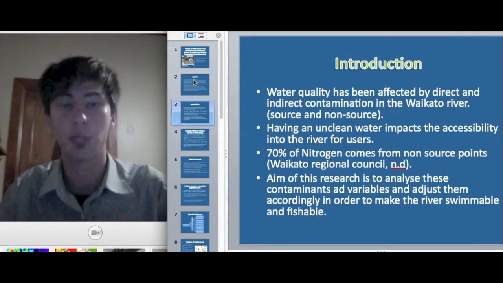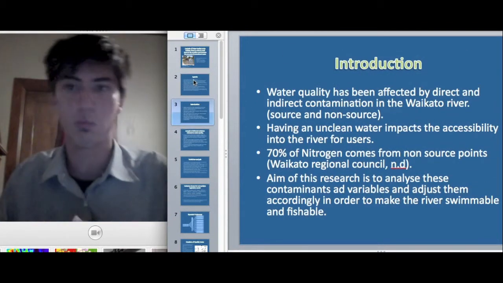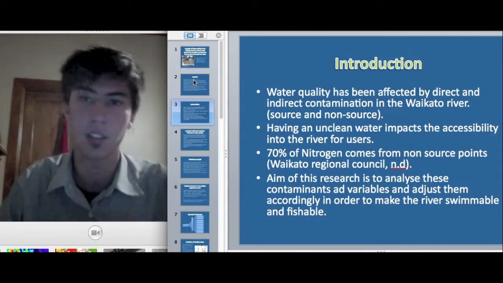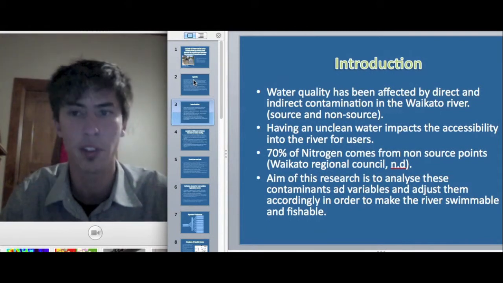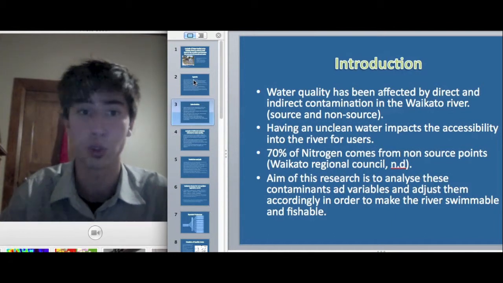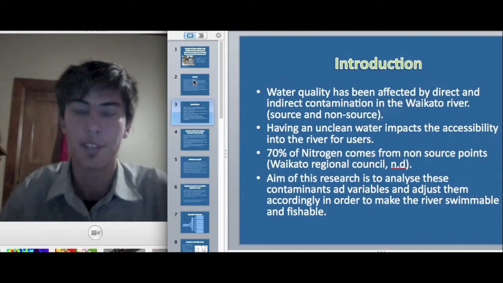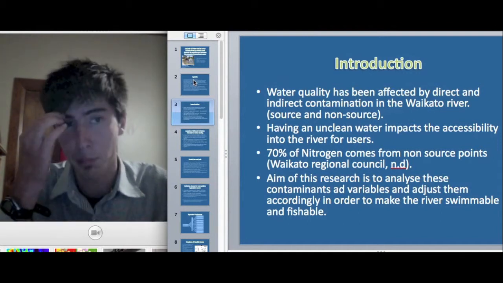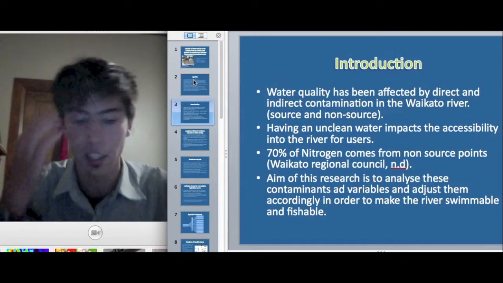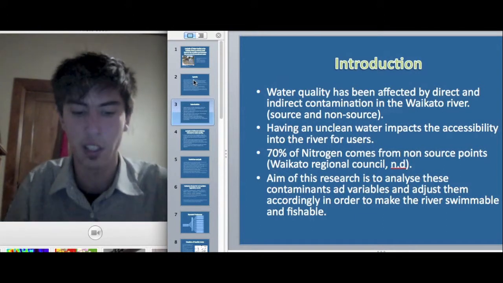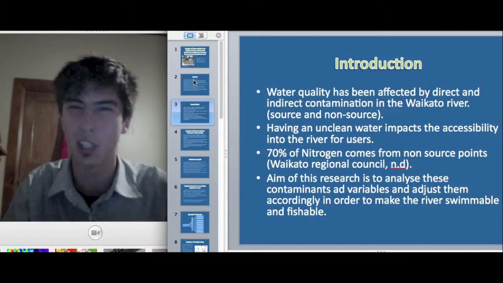So, in terms of the introduction, water quality in the Waikato River has been affected directly or indirectly in the past 20 to 30 years, let's say, from source and non-source contamination points. The difference between this direct and indirect pollution of the water is that the source ones are at specific points, so they can be identifiable.